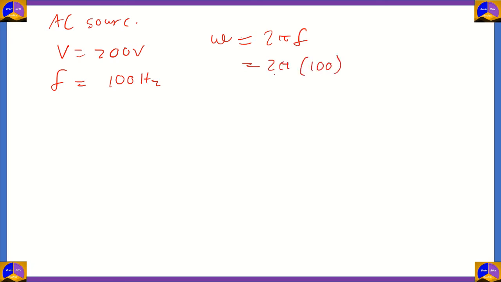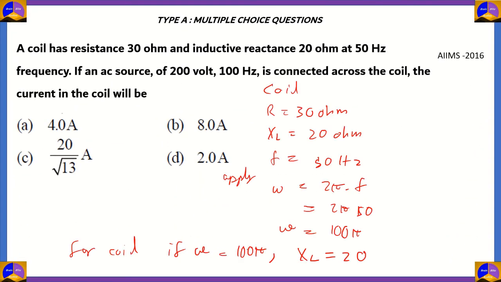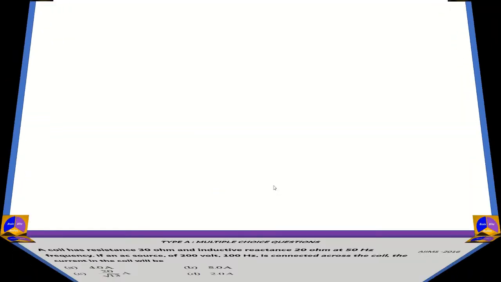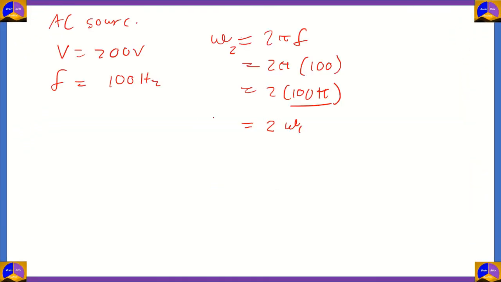We would usually write it as 200 pi, but I like to keep it as 2 times 100 pi. And 100 pi is the same value as omega 1. So 2 omega 1. As you can see, the value of angular frequency is twice that of the angular frequency of the coil.